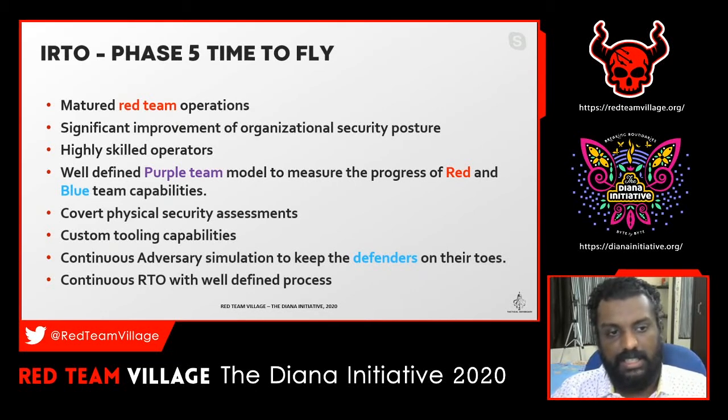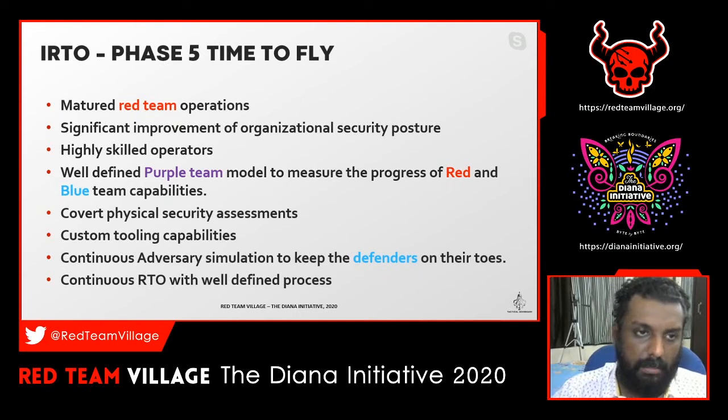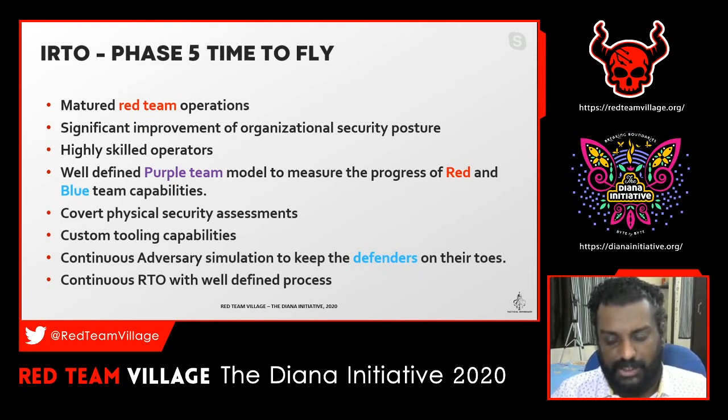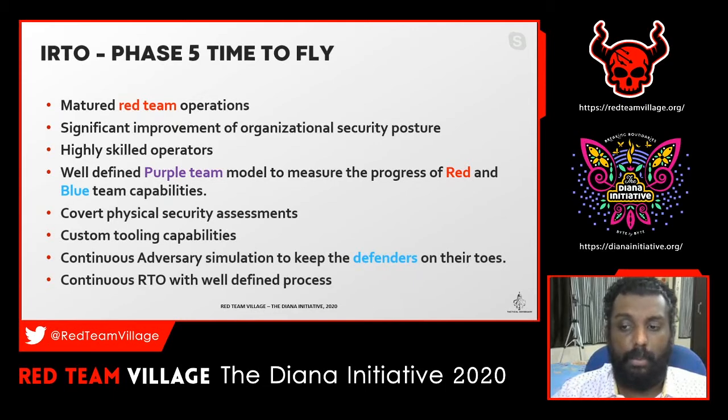We created an RTO process in phase 1 and phase 2, and by the time we reach each phase, we are making it better and better, right? We are just sharpening our internal RTO process. So just repeat the process, make it a cycle, continuous team operations with a well-defined process.